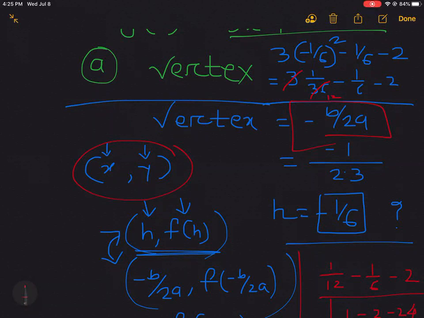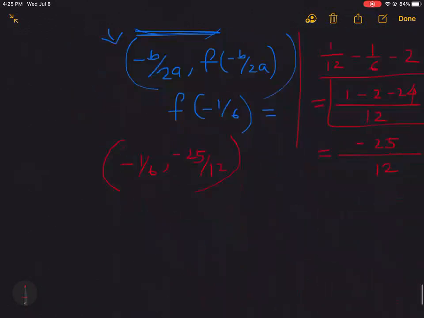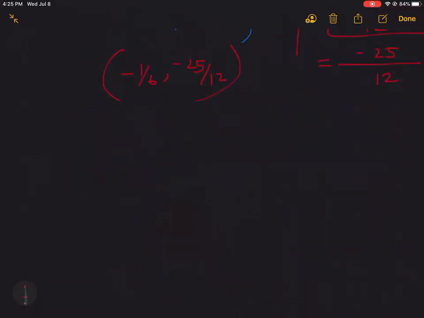All right, so the next part of this question could be what else? So we have the vertex. Oh yeah, of course, axis of symmetry. The next question could be axis of symmetry. What's the formula for that?